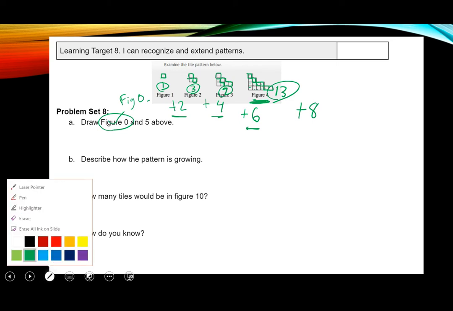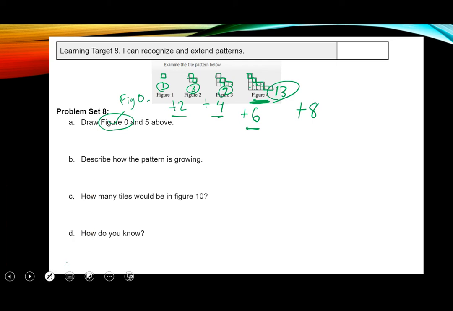So here we go. All right, so I'm going to draw my new pieces here. Going up by 1 on the top, it looks like. And it looks like we're adding 2 here. So 1, 2. And then we're going up 1, 2 on the next row. It looks like we're going to have a new row.